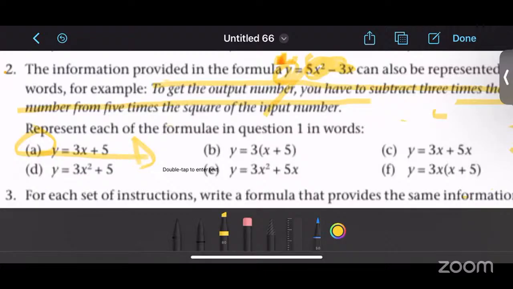Okay. And then if we look at B, B is y is equal to 3 times x plus 5, or 3 into x plus 5. Who wants to try that one?